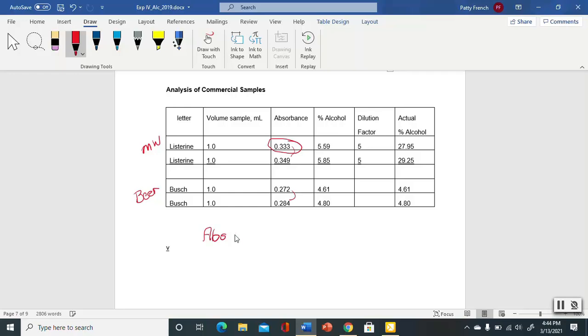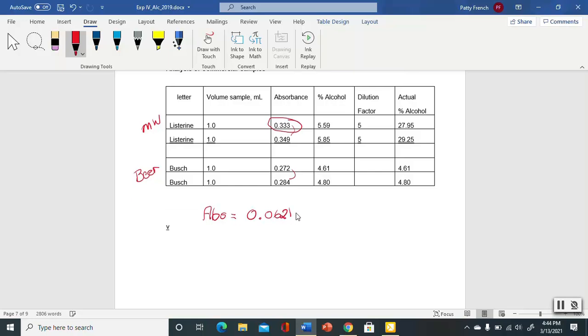Remember, we had absorbance equals 0.0621 x minus 0.0141. So if I had the absorbance, which I now do, I could plug it right in and solve for the percent alcohol.